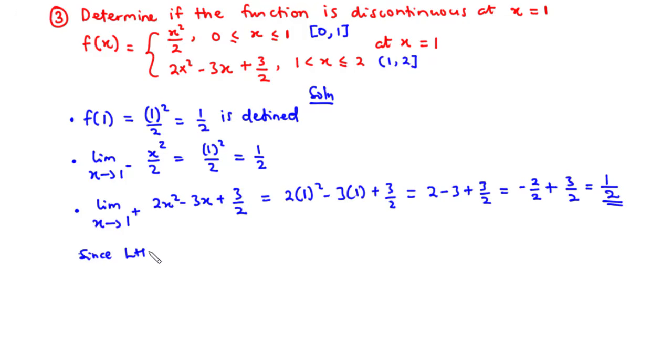Since the left hand limit is equal to the right hand limit, it follows that the general limit of the function as x approaches 1 exists and is equal to 1 over 2.